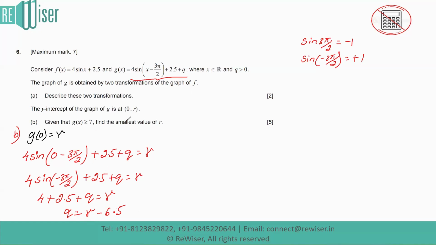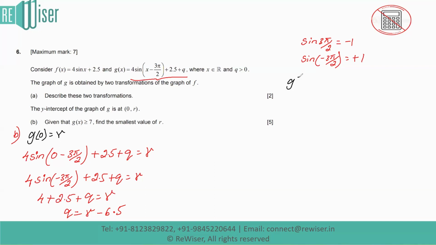Now, let's substitute it. We are given that g of x has to be greater than or equal to 7. Let's keep this in mind.